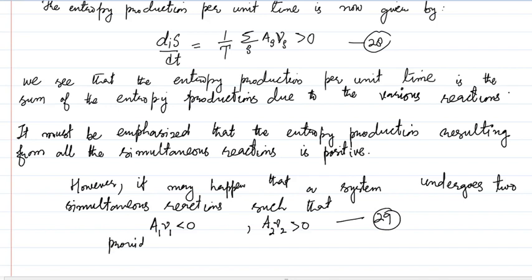Provided that the sum, that means you can simply sum the two reactions A1 ν1 plus A2 ν2, it will be always greater than 0. This is very important result, that if in one reaction A1 ν1 will decrease, but in the other reaction A2 ν2 will be greater than 0, but their overall sum will always be greater than 0 or positive.